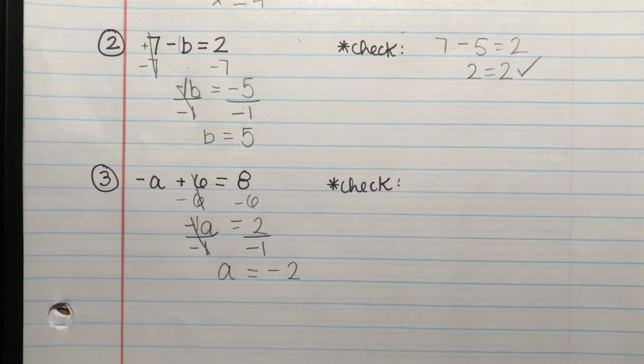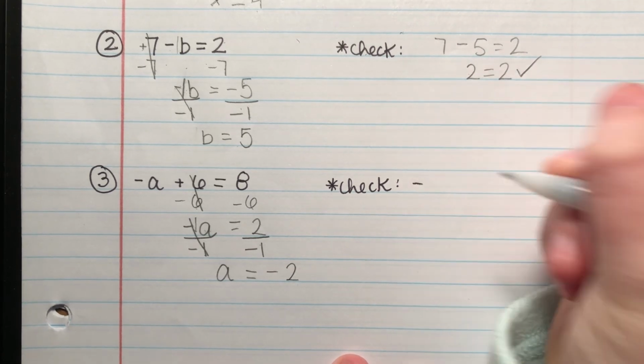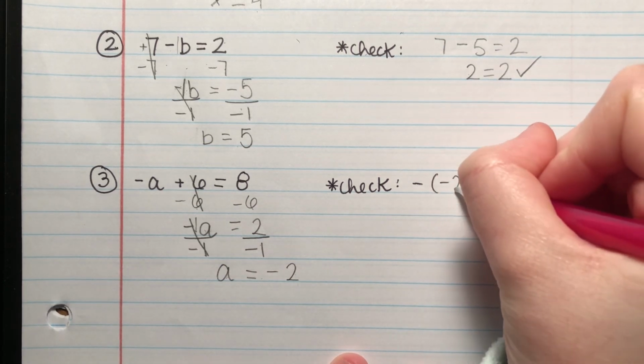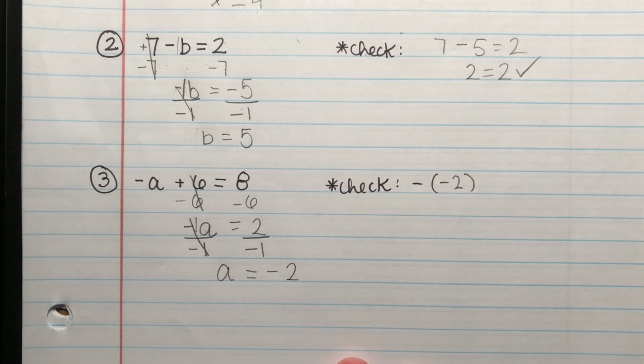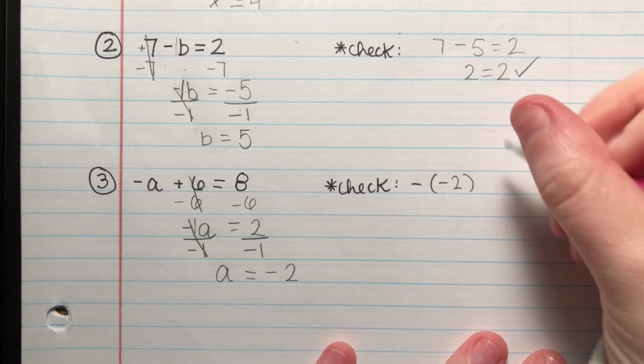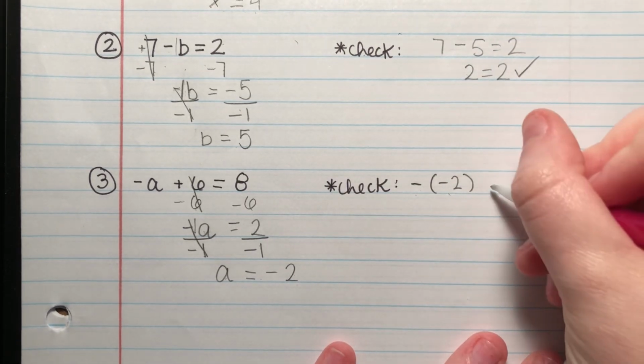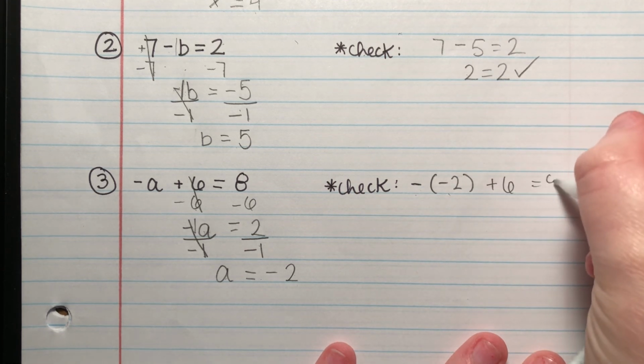All right, now if I wanted to check this problem, here's the tricky part. All right, so negative, right? It's negative a. If a is negative 2, my problem would look like that. So negative 2 plus 6 equals 8.